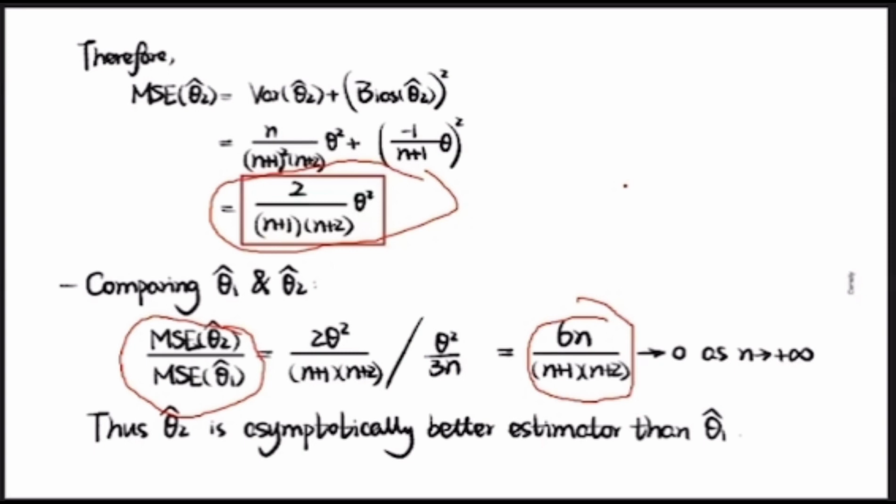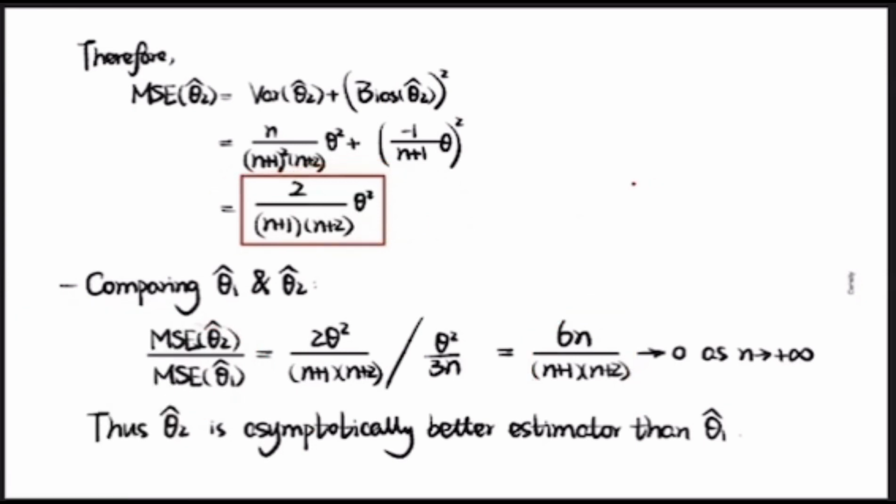Let's try with a sample size of 1. Of course, no reasonable researcher will take a sample size of 1, but let's just plug in 1. That gives you a ratio of 1. It means when you take a sample size of 1, they are the same.